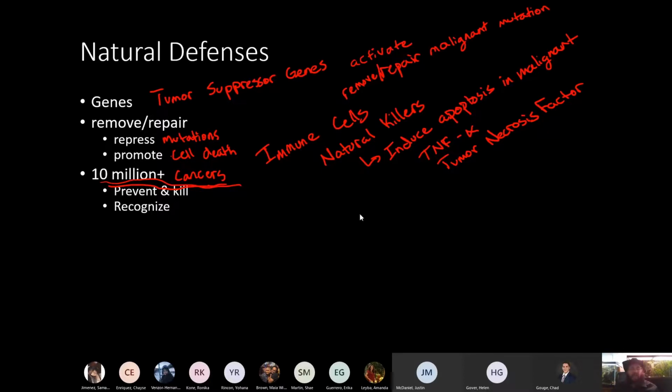It is pretty amazing in its ability to recognize cancer, and it can also recognize new types of cancer, right? It's actually pretty cool just how few cancers there are that the immune system can't take care of.